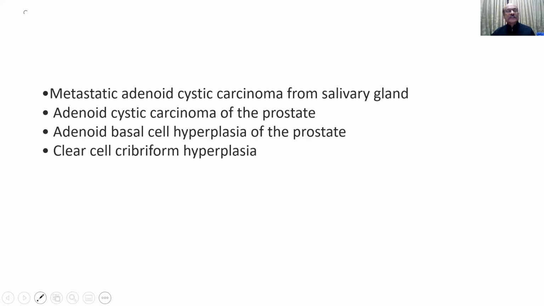So the choices are metastatic adenoid cystic carcinoma from the salivary gland, adenoid cystic carcinoma of the prostate, adenoid basal cell hyperplasia of the prostate, and clear cell cribriform hyperplasia. So these are actually the choices. And the diagnosis is adenoid cystic carcinoma of the prostate.